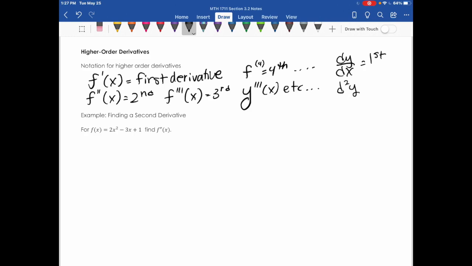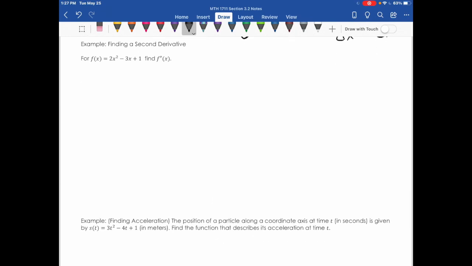Now, if we want a higher order derivative, we would put on the top, let's say we wanted to do the second derivative, it would look like this. And then on the bottom, it would look like this. And then for the third derivative, same thing, but you would just replace the 2 with the 3, so it would look like this, etc.